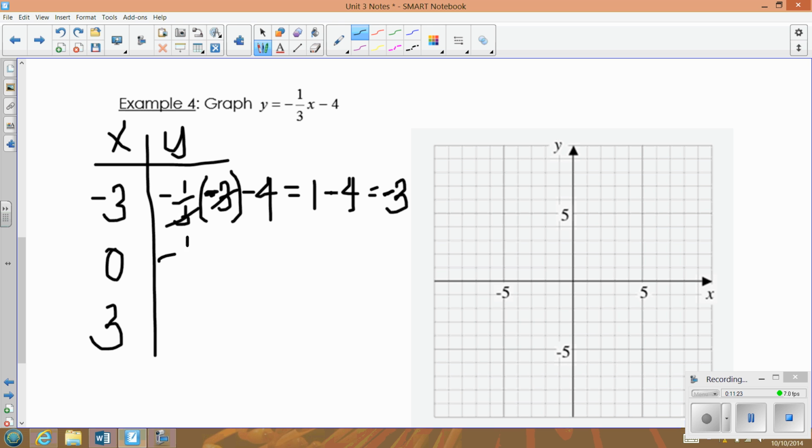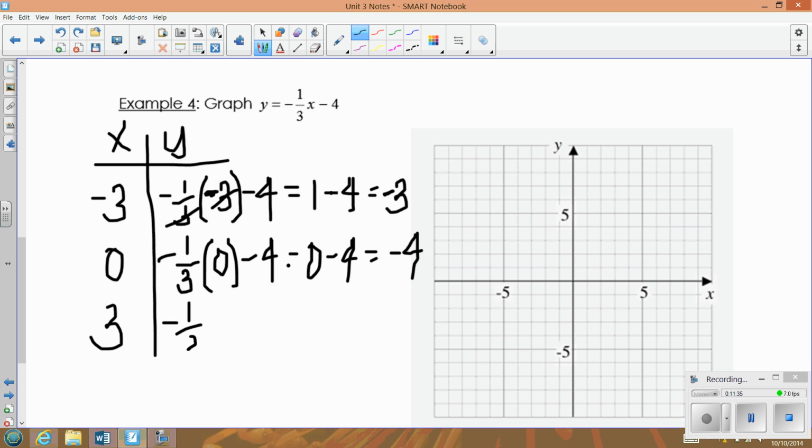Then over here I have -1/3 times 0 minus 4 equals 0 minus 4, which is going to equal -4. And then lastly, I have 3 going into my equation. So those are going to cancel. I'm going to have -1 minus 5 equals -6.